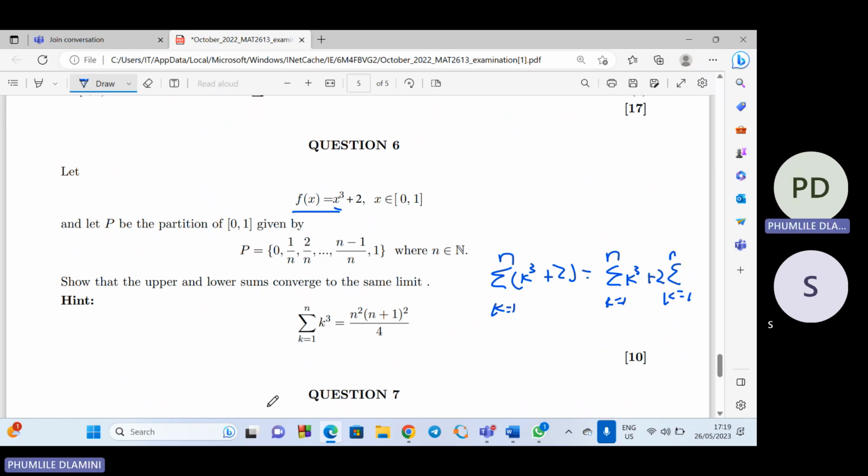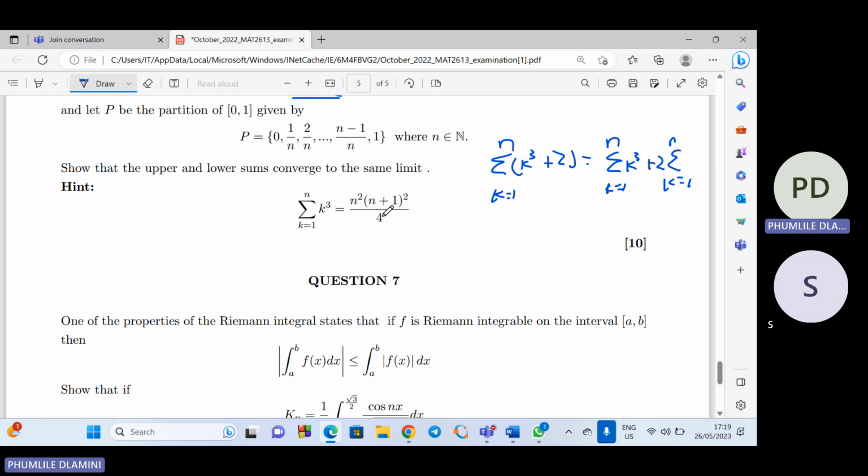You can just write it like that. Now we know that when you have this, we are going to substitute this equation. When we substitute, it ends up equal to n squared, in brackets, n plus 1 to the power 2, over 4, plus the n we can just write as 2.